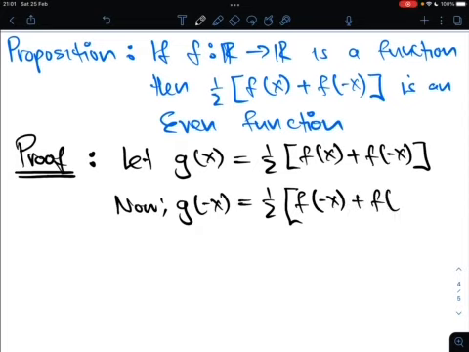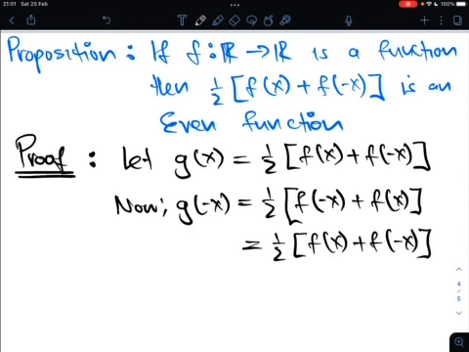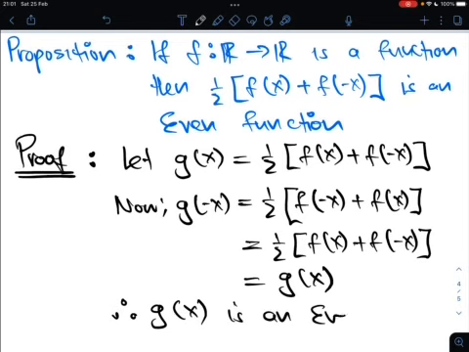But this is none other than the original thing, because I can change the order inside to get this again. So this is the same as g of x. Therefore g of x is an even function, just simple like that. It's a nice result that you should know.